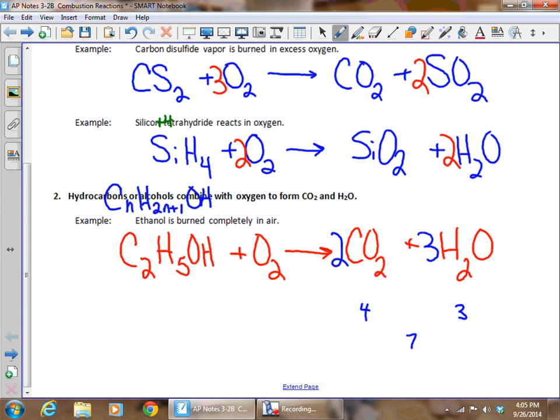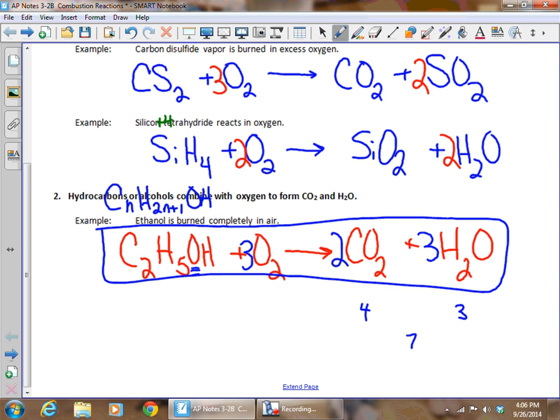At first glance, we might not think this is going to work, but don't forget we've got this oxygen over here. If I put a 3 in front of that oxygen, we're going to have 6 plus the 1 from ethanol, which gives us our 7 oxygens to balance this reaction. I've got a lot of writing around this, so I'm going to box this so that you can see that this is the final answer for that particular reaction.